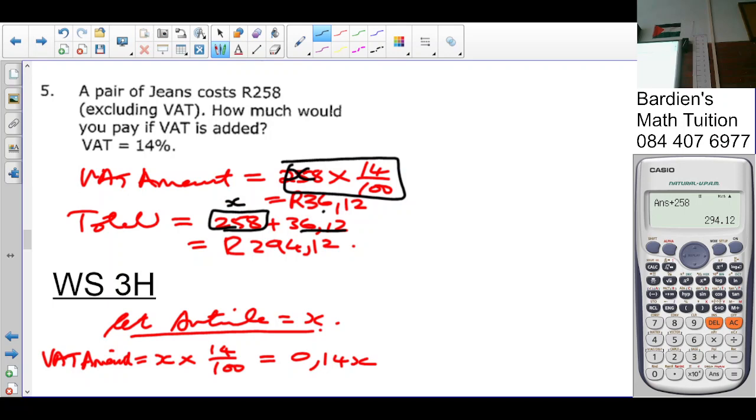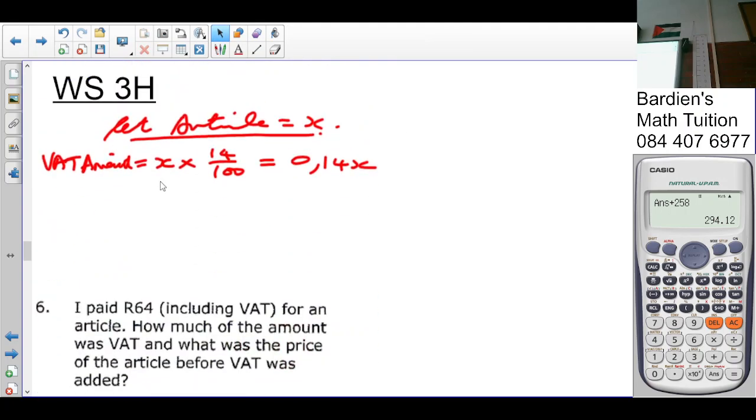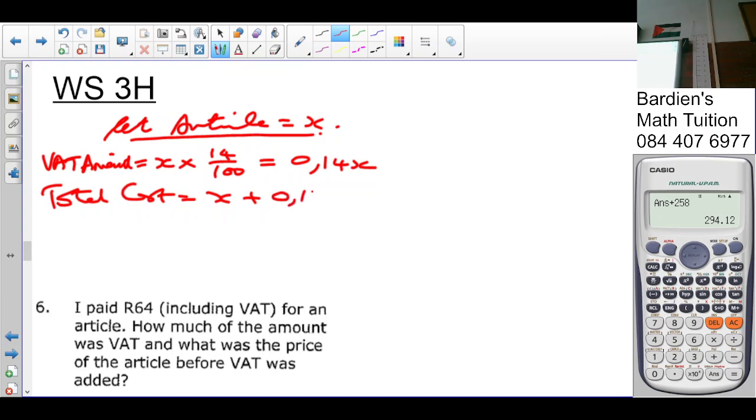So if I let the original amount of the article be X, then the total cost will be X plus 0,14x, which is 1,14x.